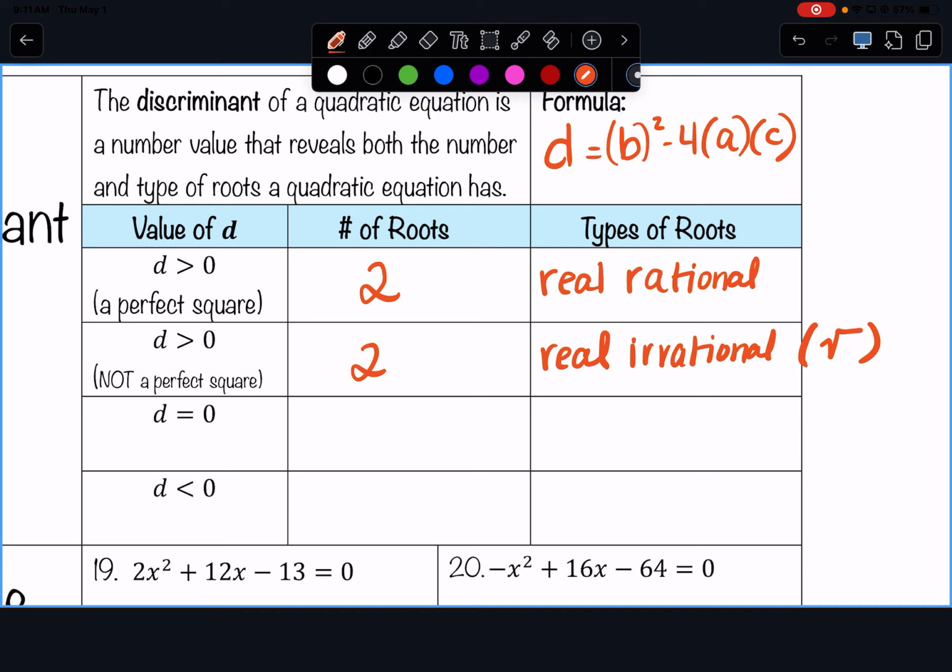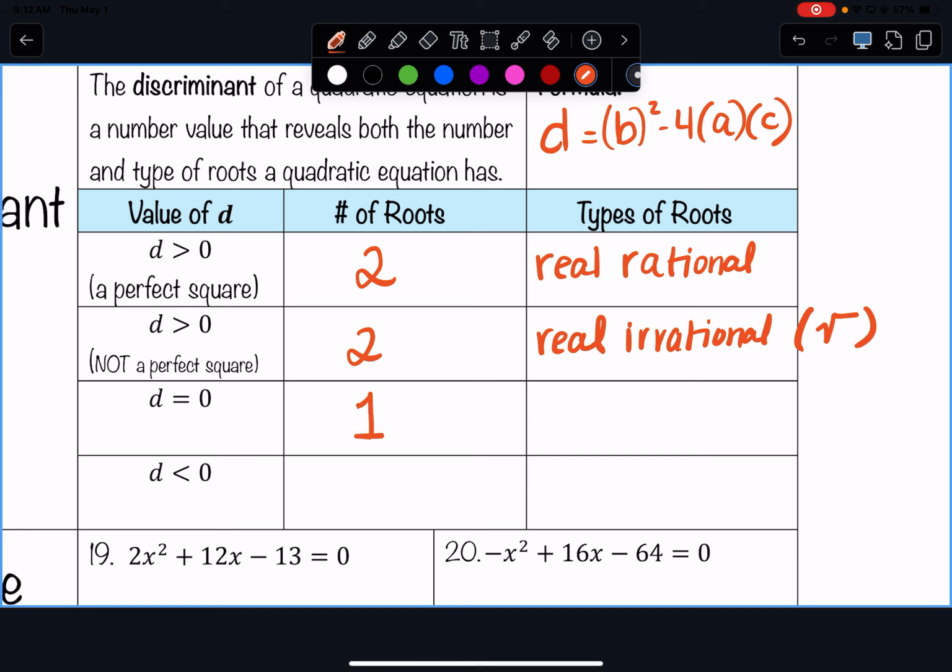Now, for D equals 0. When the discriminant is 0, we're only going to have one root. That one occurs when the vertex is on the x-axis, and it will be a real rational root.